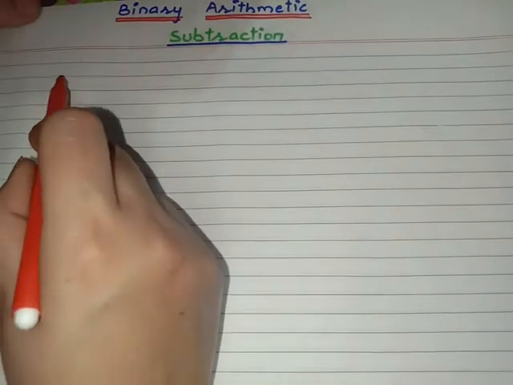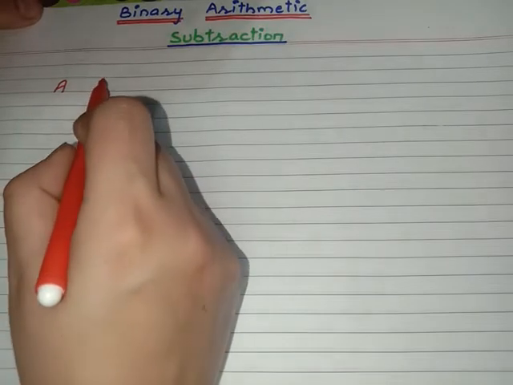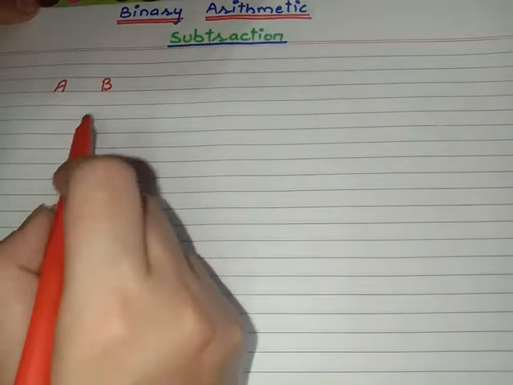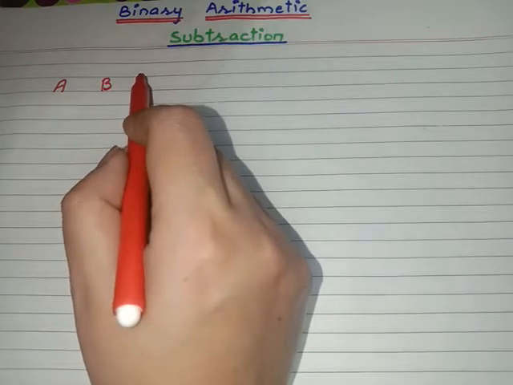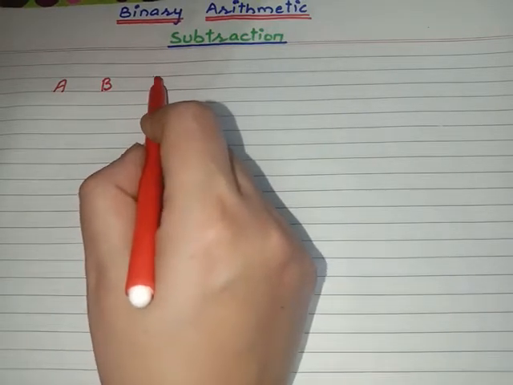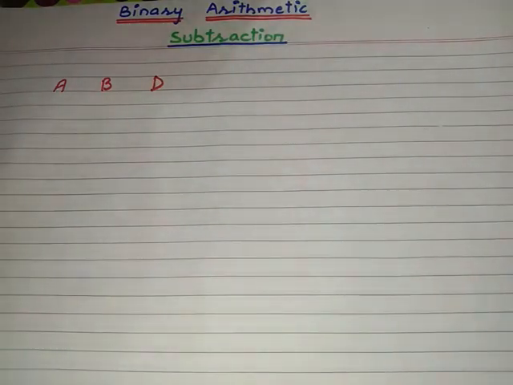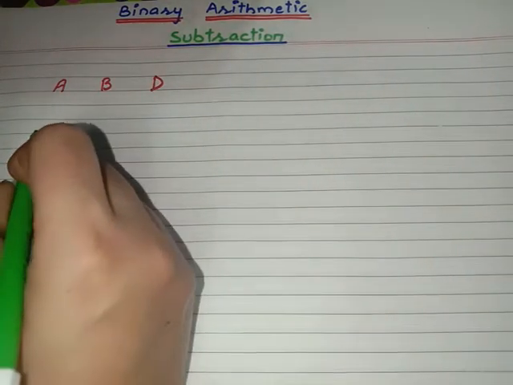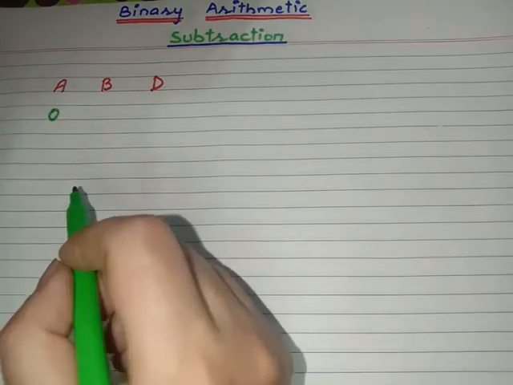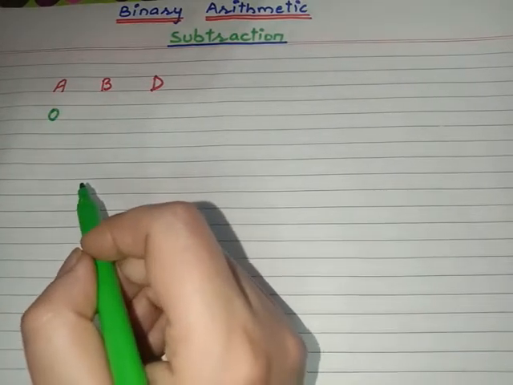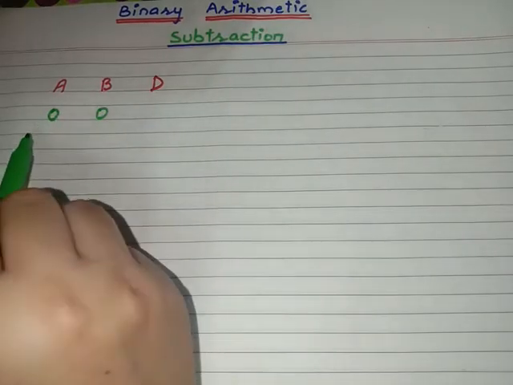Suppose we are going to subtract two numbers, a and b. The subtraction, which is basically the difference of the two numbers, we will denote as d, the difference. Obviously, there can be four options to subtract the numbers. 0 may be subtracted from 0.